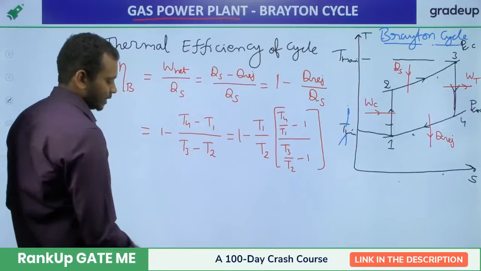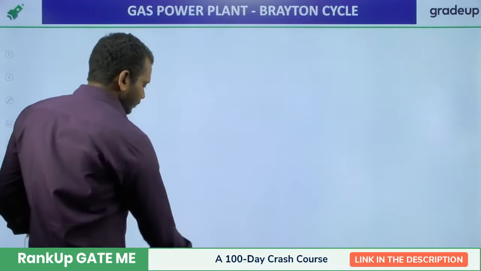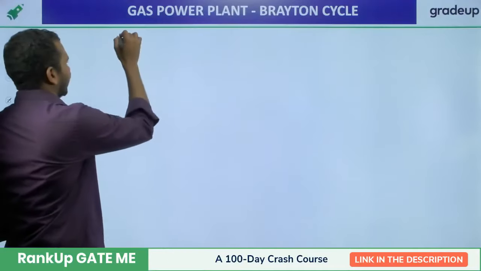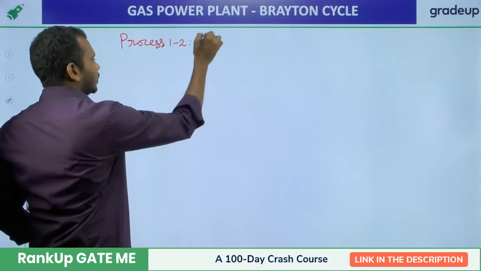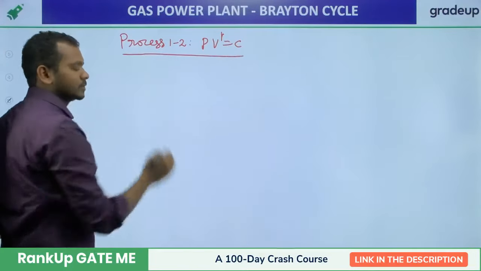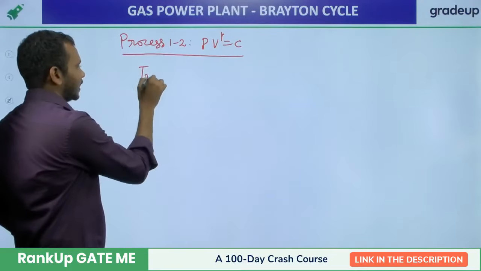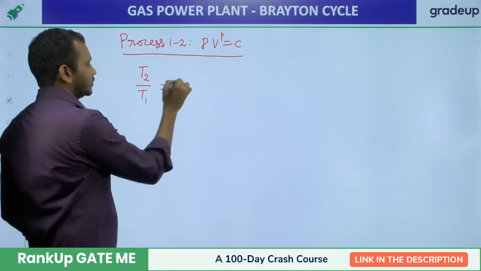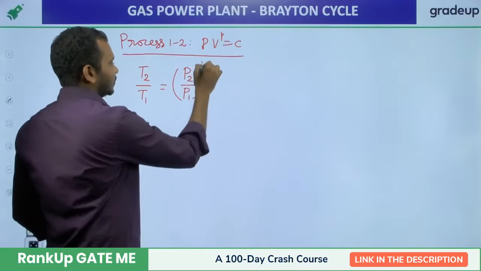So let us see what those ratios are. For that, let us take the process 1 to 2 again. What is process 1 to 2? Isentropic compression. Isentropic compression is nothing but P V power gamma equal to constant. So in an isentropic compression, can I write T2 by T1 is equal to (P2 by P1) whole power of (gamma minus 1) by gamma?